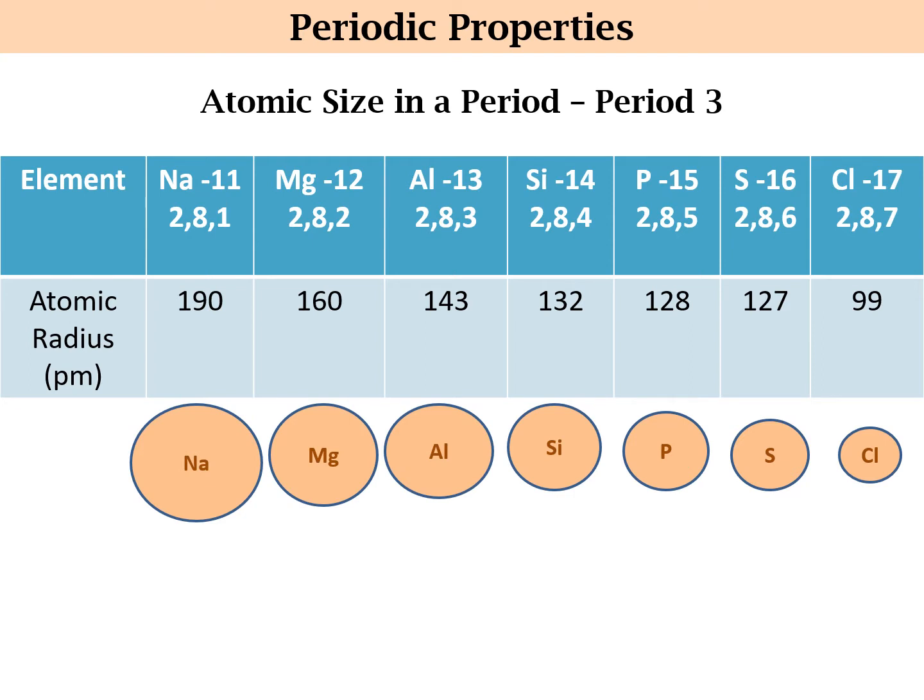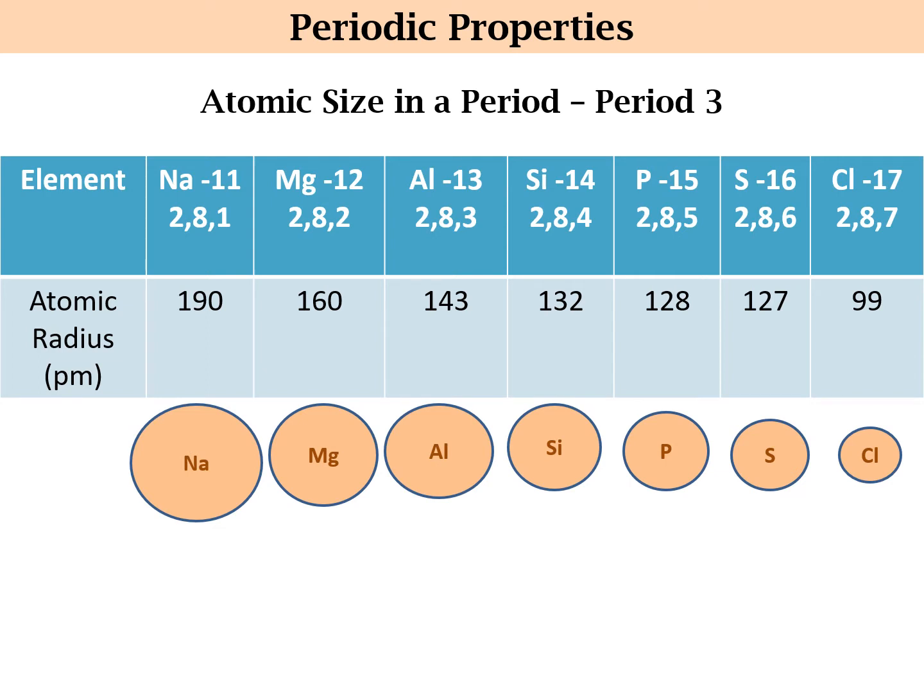We even find that the electronic configuration, the number of electrons in the valence shell, also increases by 1 as we move from left to right: 1 for sodium, 2 for magnesium, 3 for aluminium, 4 for silicon, 5 for phosphorus, 6 for sulfur and 7 for chlorine.